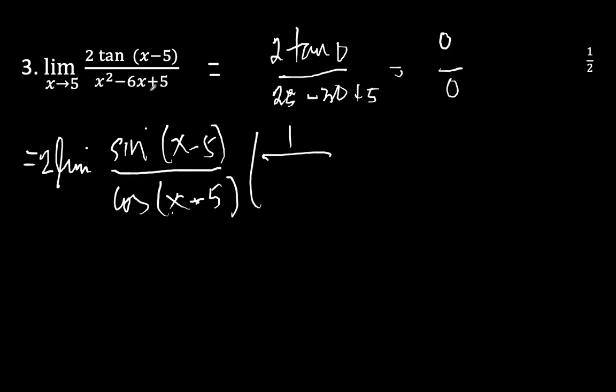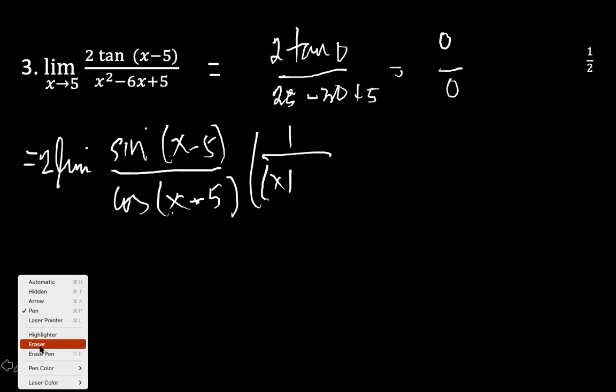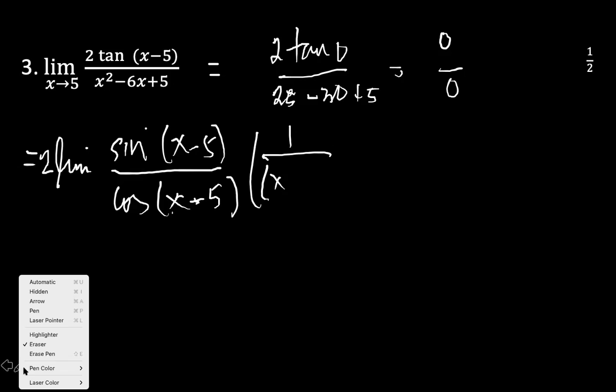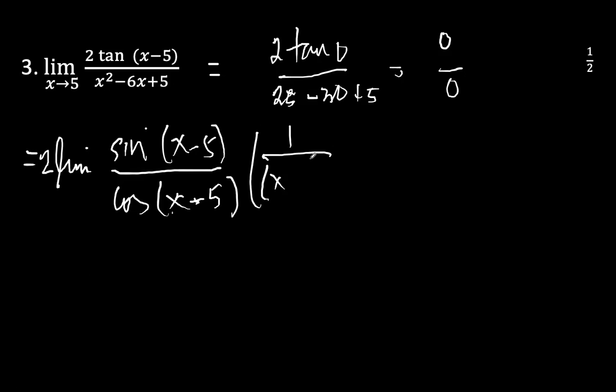And the denominator can be factored into x minus 5 and x minus 1, right?